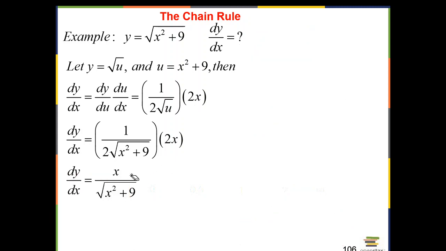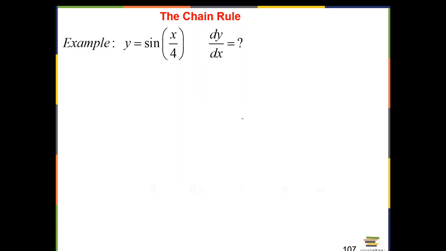All right, so the answer is this right here. And again, stop the video and see if that makes sense to you. You don't have to separate the functions into u and y. The reason I did that here is to understand that we are talking about composite functions here.